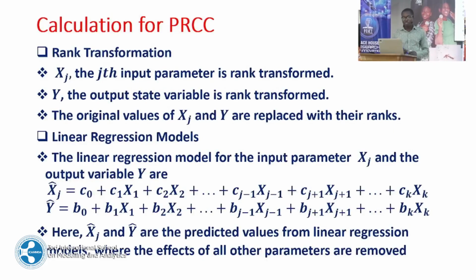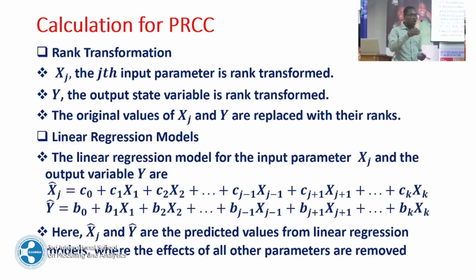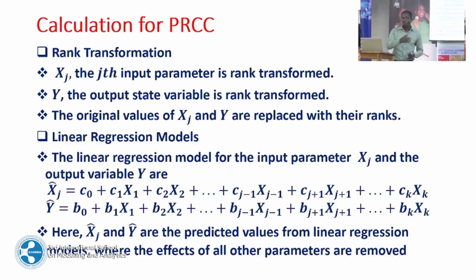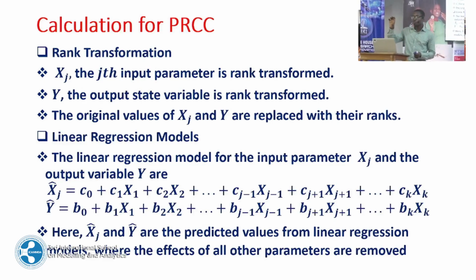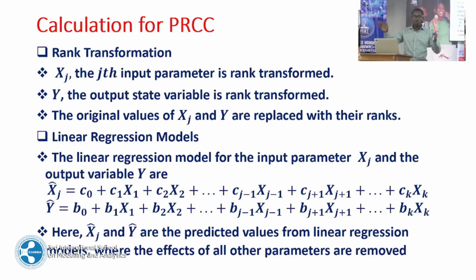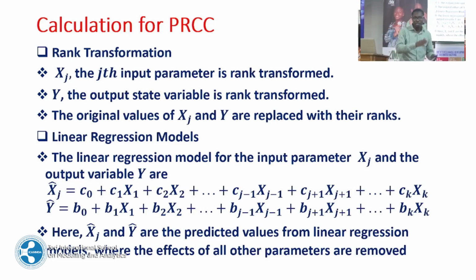Then we also carry out linear regression models where we have XJ cap here, given as that. Now XJ cap and YJ cap are the predicted values from linear regression models. So what that helps us to do, we regress, let's say X1 on the remaining input parameters. If we are considering X2, we regress X2 on the others, so it helps to remove the linear effects of the other parameters, because you now want to see the correlation between, let's say, beta and R naught.